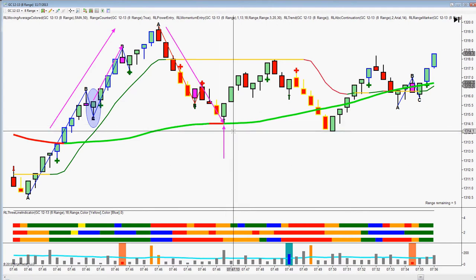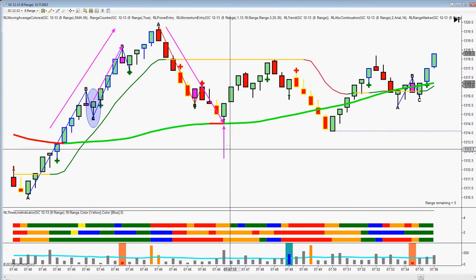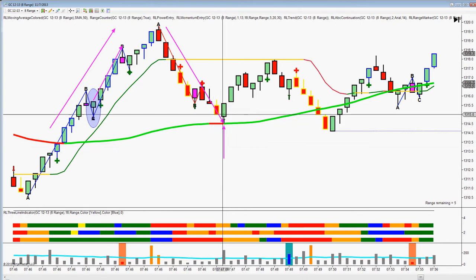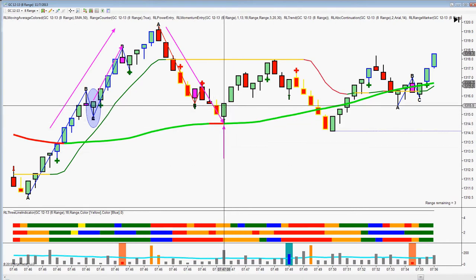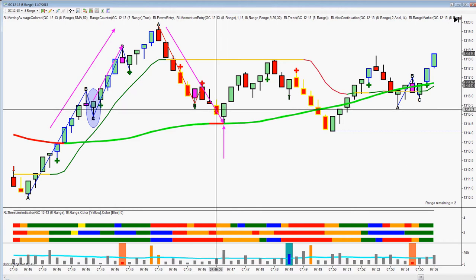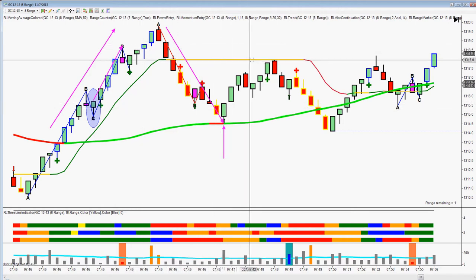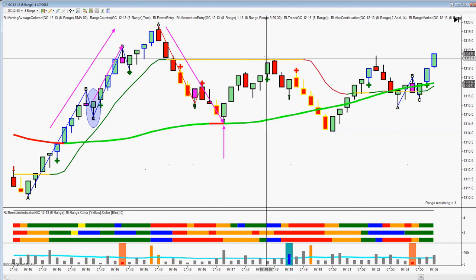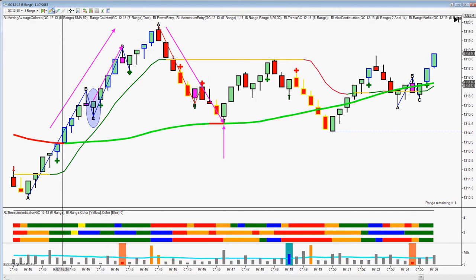But the power signal shows you that when it hits strong support, the uptrend remains intact. And this is a candle that shows a significant amount of buying enthusiasm. It engulfs the previous candle. The Right Line trend line is flat, and it's important we don't want that moving against us.